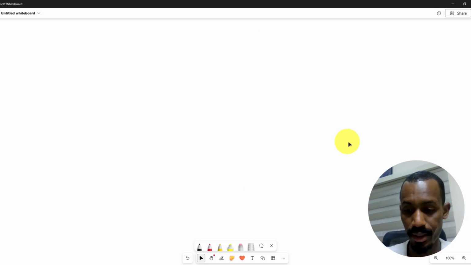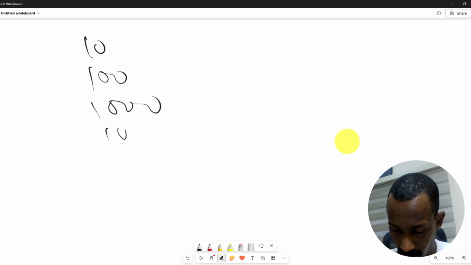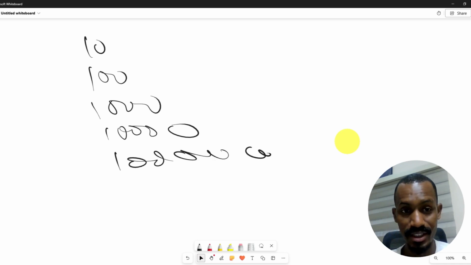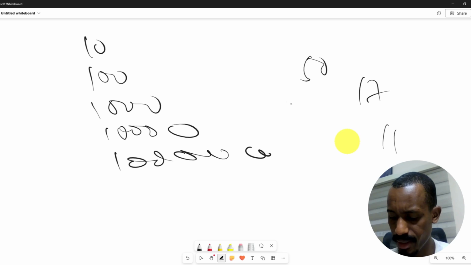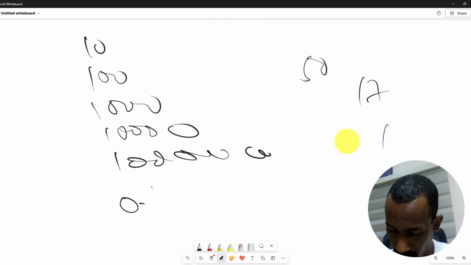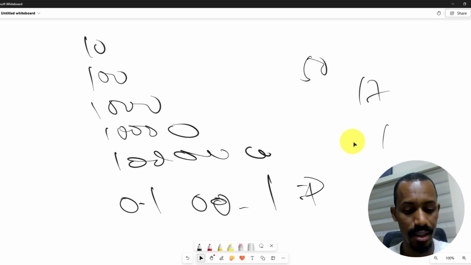This is what makes the metric system beautiful, because you don't deal with other numbers like 50 or 17 or 11. You only deal with the base of tens. And if it gets small, I get 0.1, 0.001.